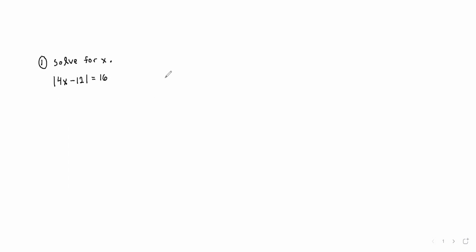So before I solve this, I'd just like to list a few facts about what we call the absolute value. So we have facts about absolute value x. These double lines are called the absolute value.